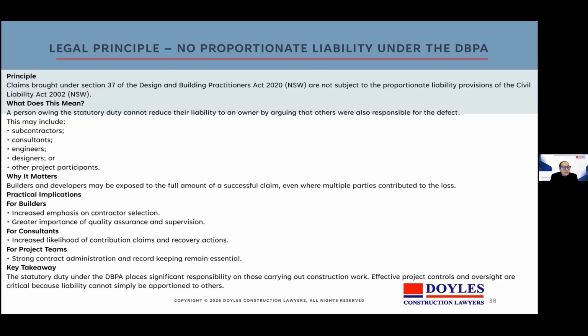While separate recovery rights may exist against consultants or subcontractors, that does not necessarily reduce the exposure to the claimant. This is a significant change in the New South Wales risk profile of construction projects. So effective project controls and oversight are critical, because liability cannot simply be apportioned to others.